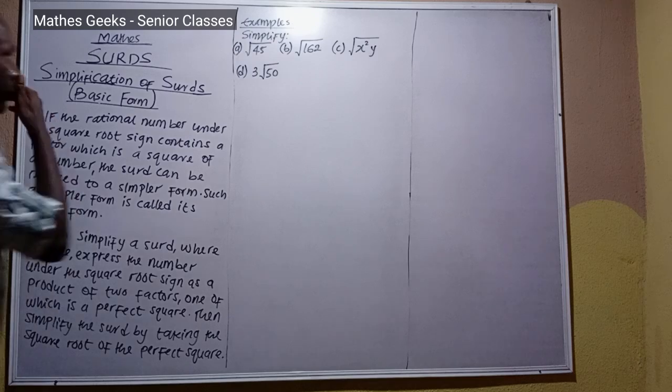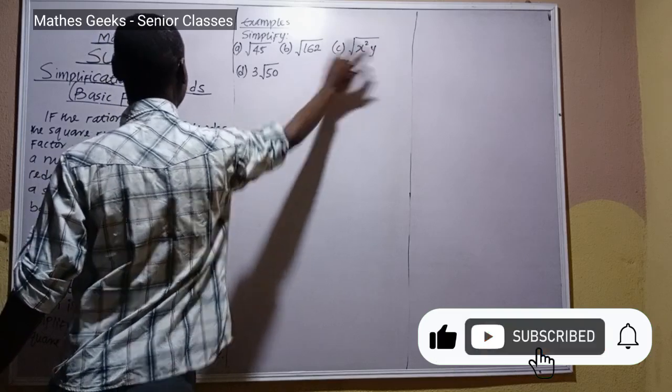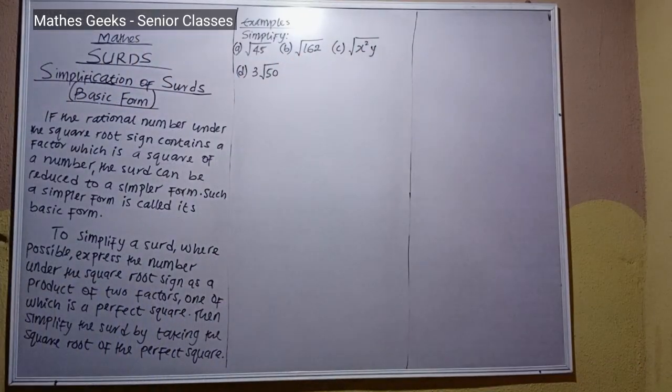So all these numbers under the square root sign are rational numbers in the sense that they are exact. But since they are under the square root sign, they can be reduced or simplified.